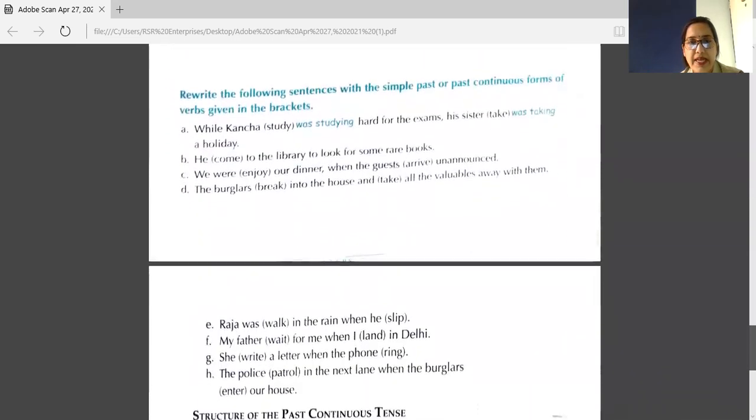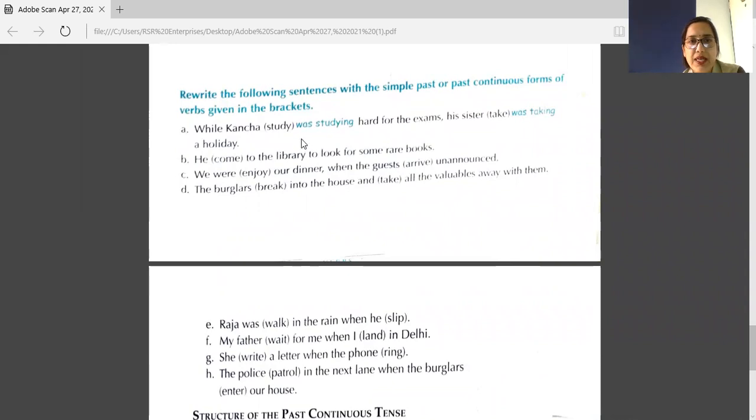So here we have this exercise. Let's see what's there. Rewrite the following sentences with the simple past or past continuous forms of the verbs given in the brackets. So we have to use simple past and past continuous both, right? First one is done there. Let's see.